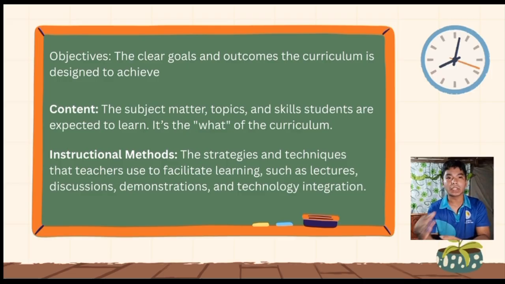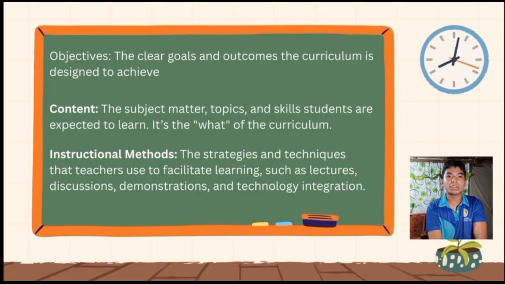For the formal curriculum, it is specifically listed and detailed to promote clear content, especially at grade level. The formal curriculum is well planned, unlike the informal curriculum. Next, the instructional methods, which are the strategies and techniques that teachers use to facilitate learning.